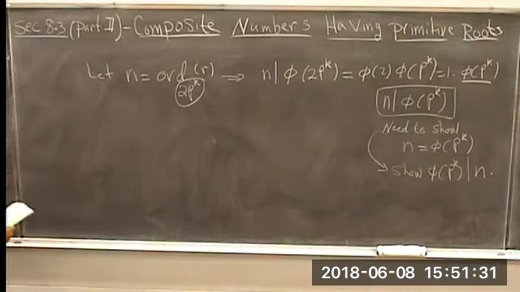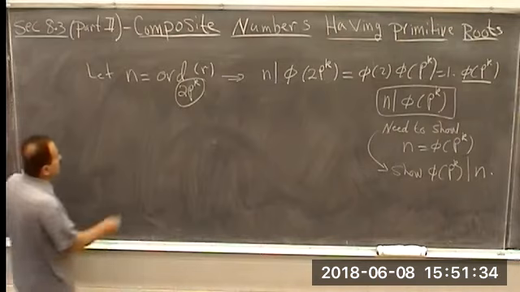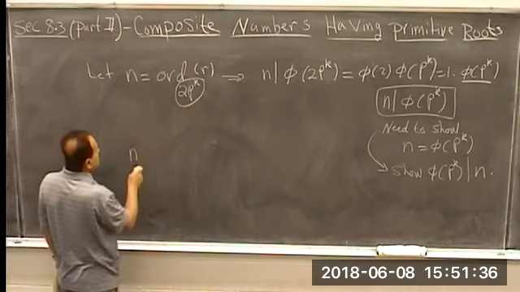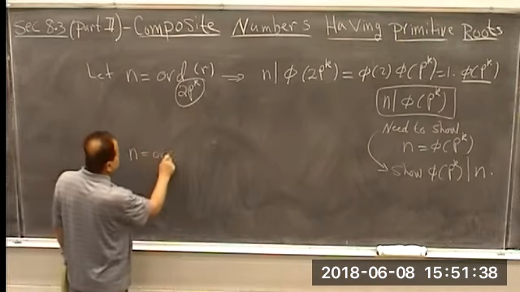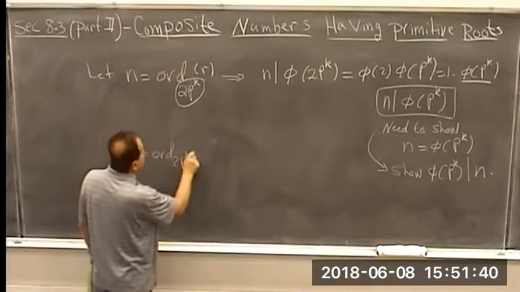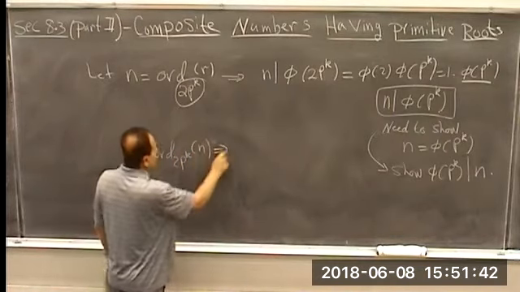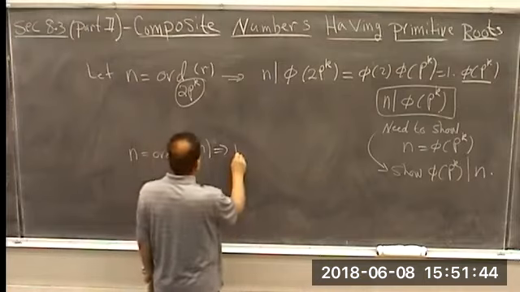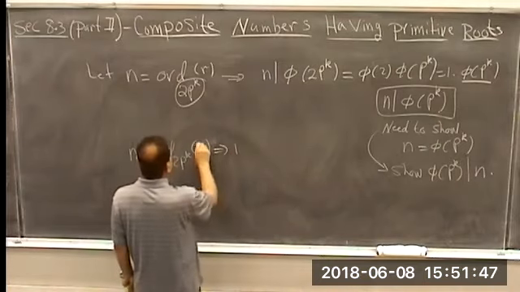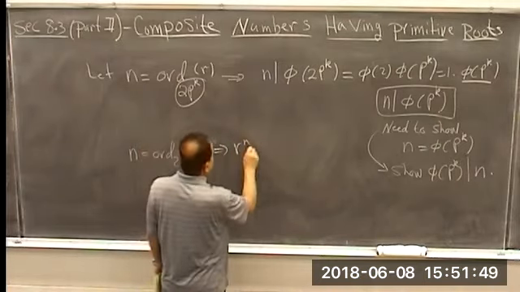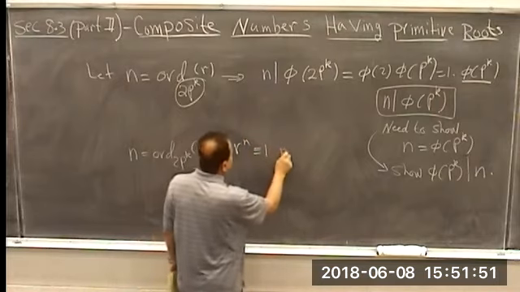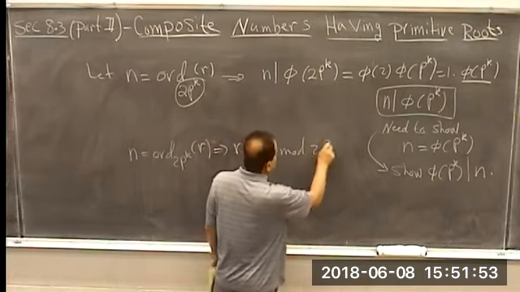And to do this, again, let's look at n being the order. This implies that r^n is congruent to 1 mod 2p^k.